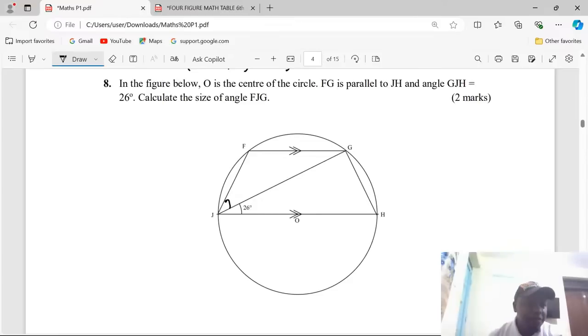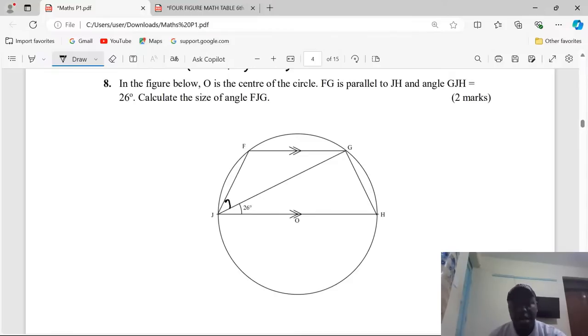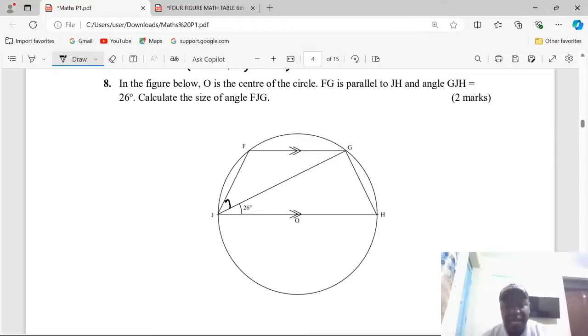I want us to solve these angles together. There are some angle properties which we are supposed to master. Some are in Form 3, the majority are in Book 2. Angle properties of circles. For instance, because O is the center, then JB is a diameter.